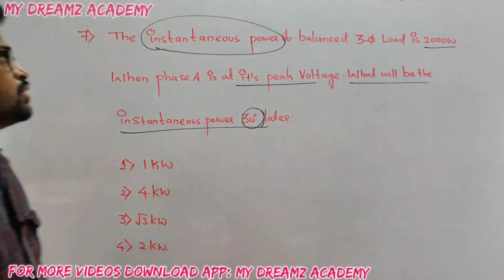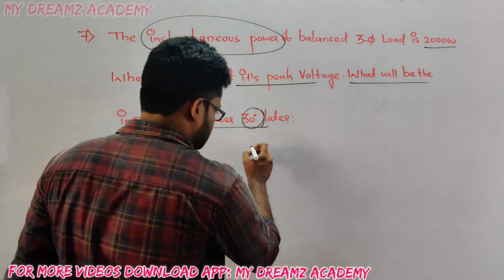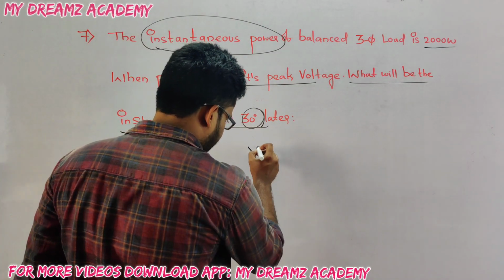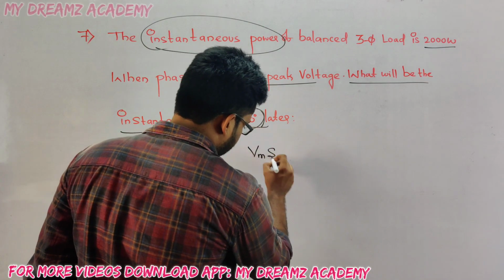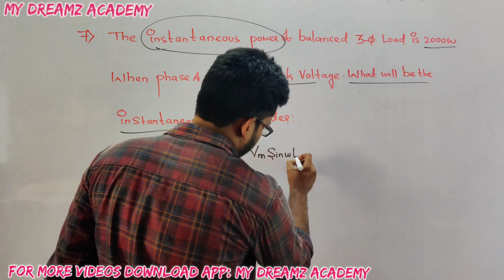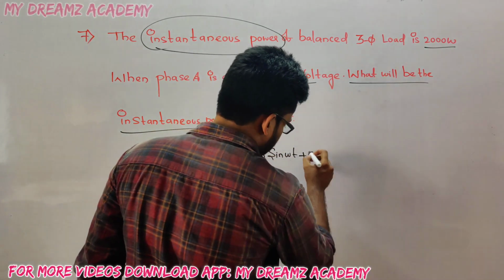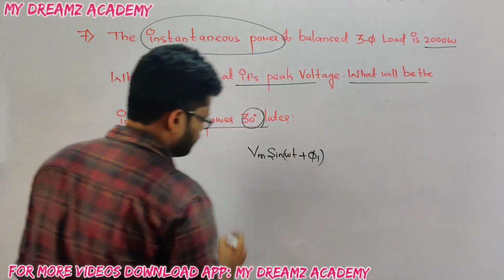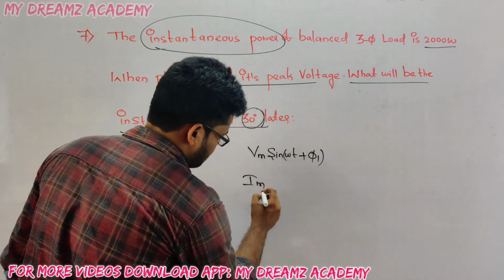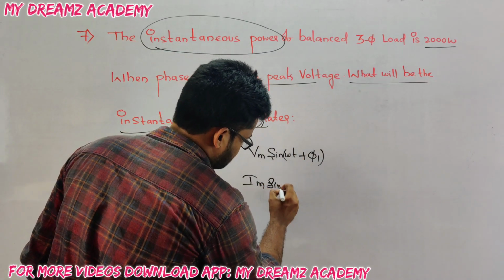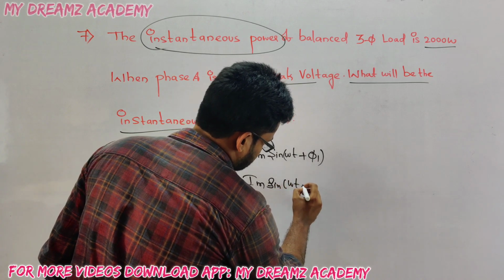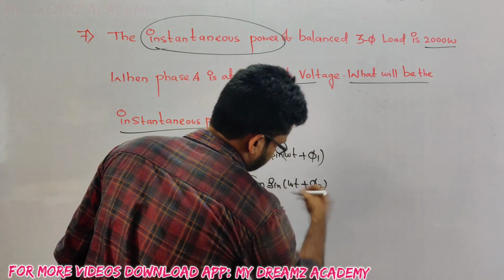Actually, the voltage value is like this, that is Vm sin(omega t plus phi 1). Let us consider some angle phi 1, and next the current value Im sin(omega t plus phi 2).